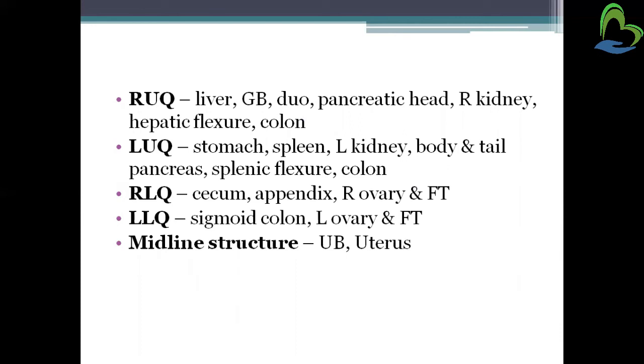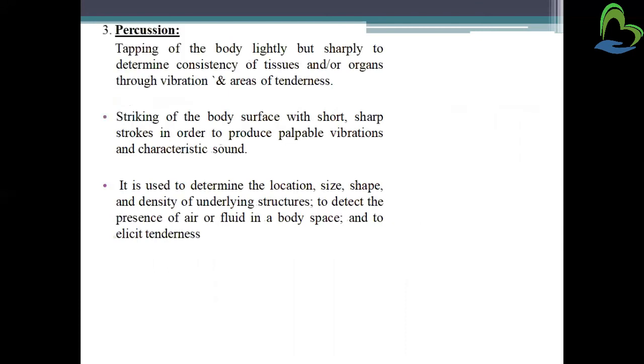In the right lower quadrant you are going to see the cecum, appendix, right ovary, and fallopian tube. In the left lower quadrant you have the sigmoid colon, left ovary, and fallopian tube. And you are going to palpate midline structures for the urinary bladder and uterus. So this is going to help in palpation. You must have an idea about which organ is located in which quadrant.